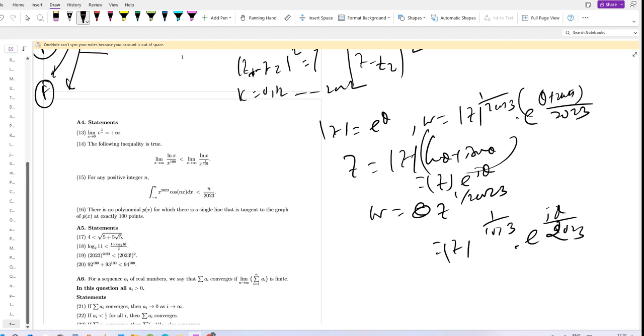So there are 2023 distinct values of w that satisfy this, not 100, so therefore this statement is true.